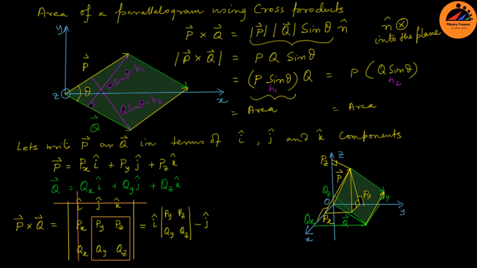Suppose these are n-th rows, so n equals 1, n equals 2, n equals 3, and suppose these are m columns, so m equals 1, m equals 2, m equals 3. So this minus sign and the plus sign in front of the determinant comes like this. So let me write it first, then I will give an explanation why this minus is. This is basically minus 1 whole to the power m plus n.